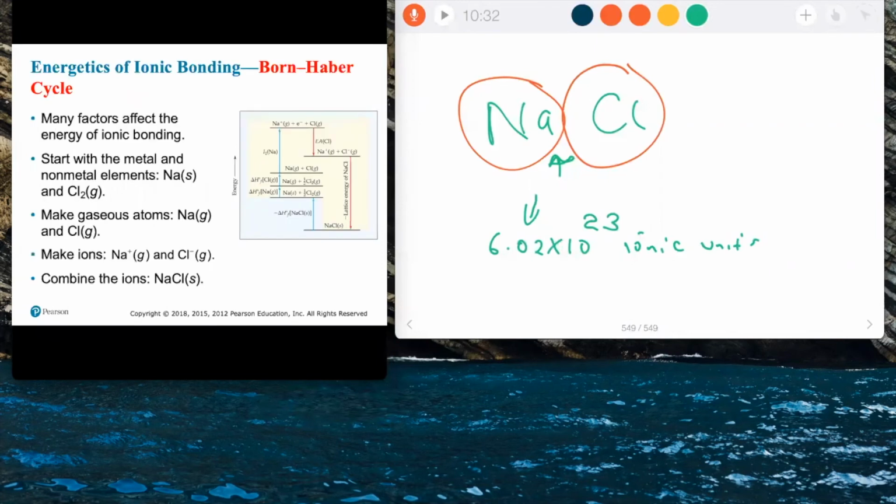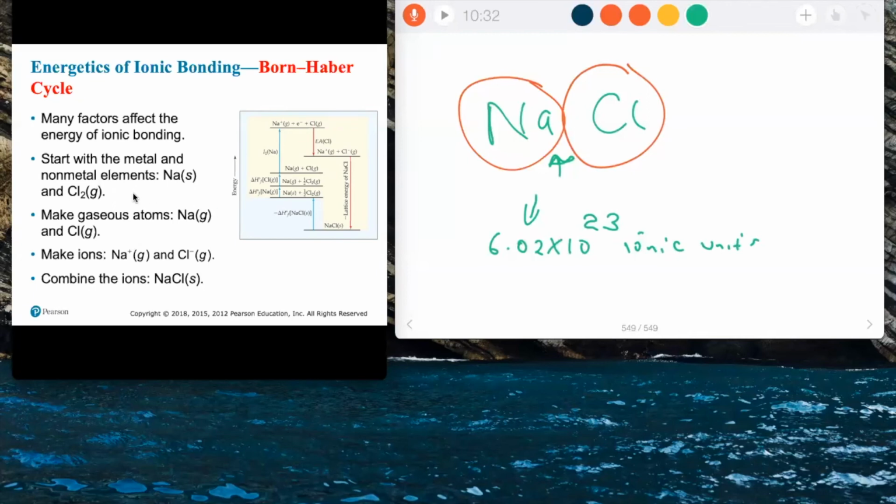We call it the Born-Haber cycle. Two scientists came up with the method of determining the lattice energy, which is the amount of energy required to separate 1 mole of crystal or lattice crystals for an ionic compound into respective ions.